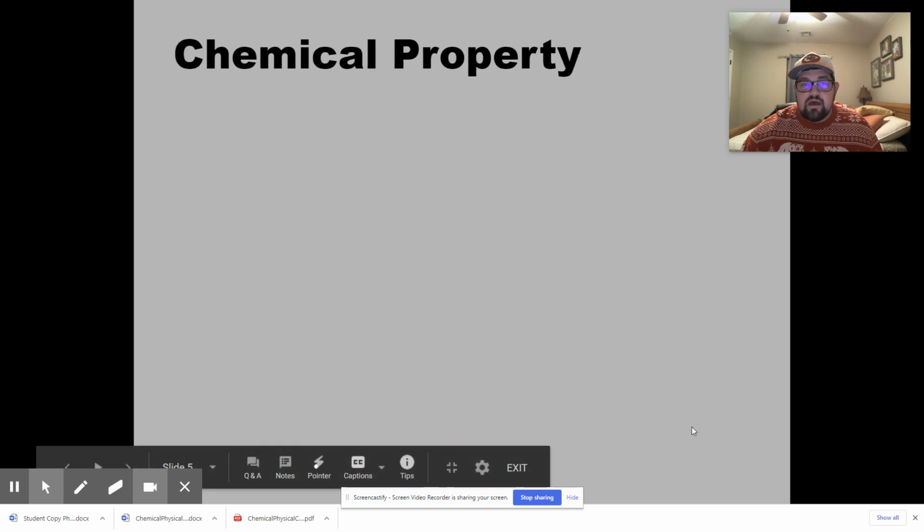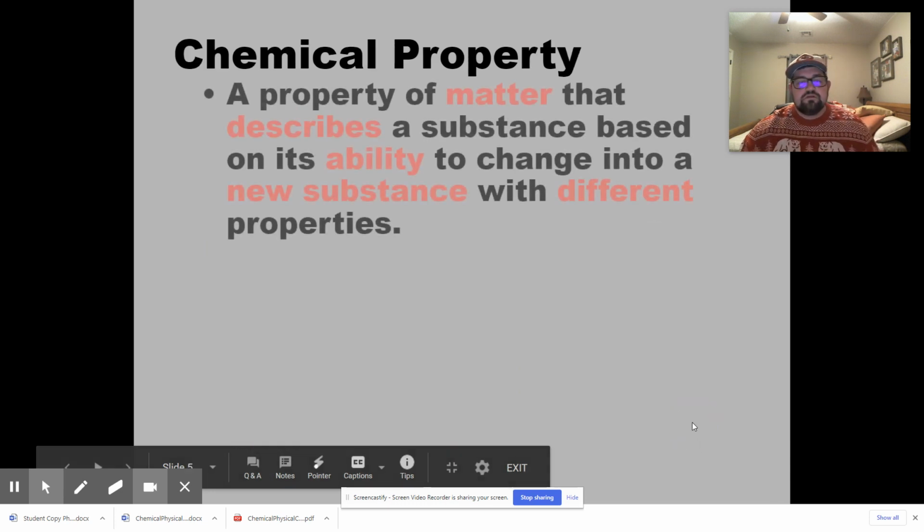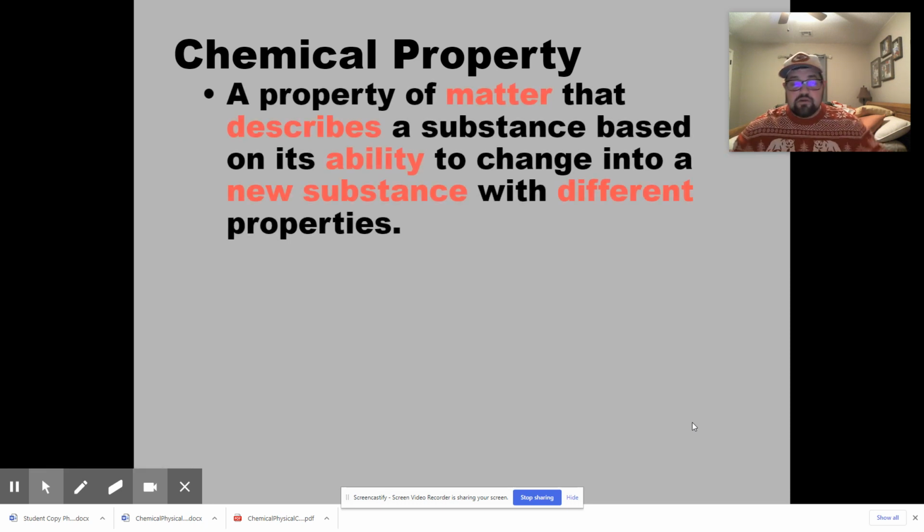And then we have chemical properties. The chemical property is a property. So we go back to the definition of a property. It describes a substance based on, in this case, the ability to change. So can this object change given a certain situation? Will it change into a new substance?